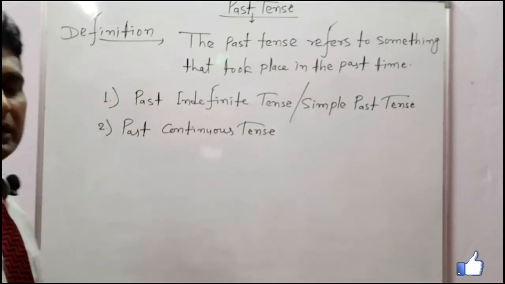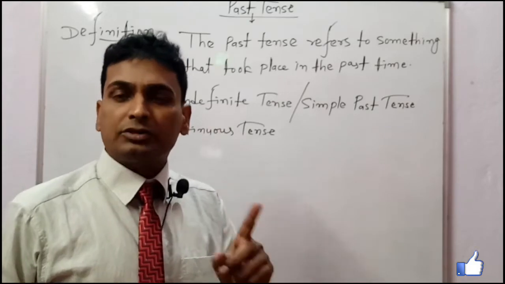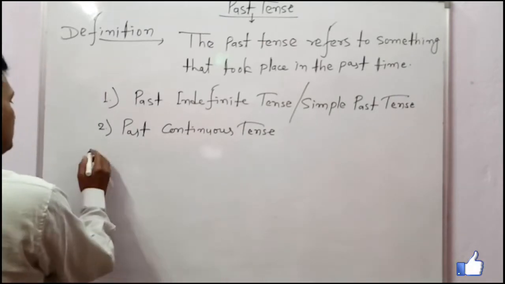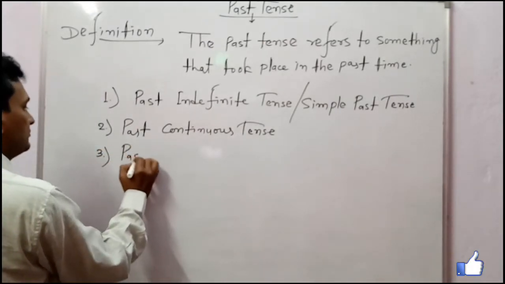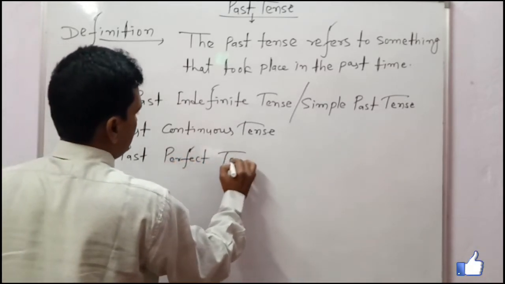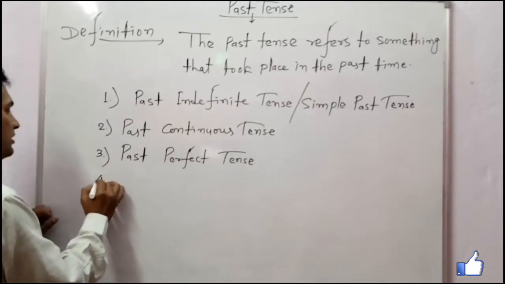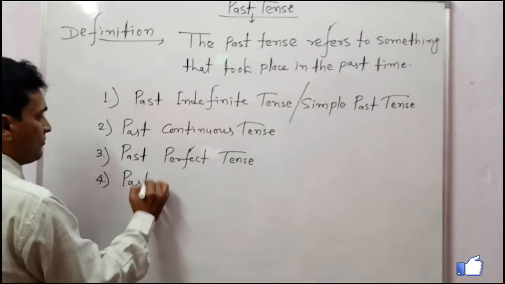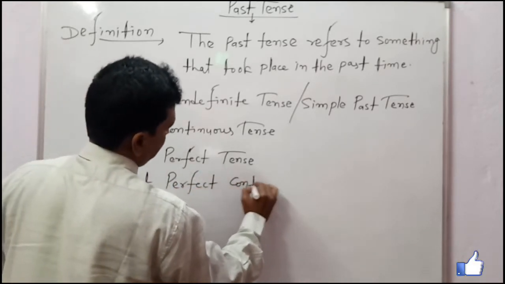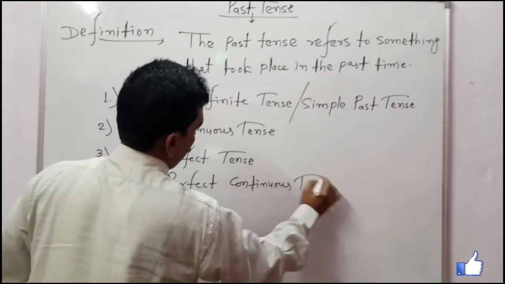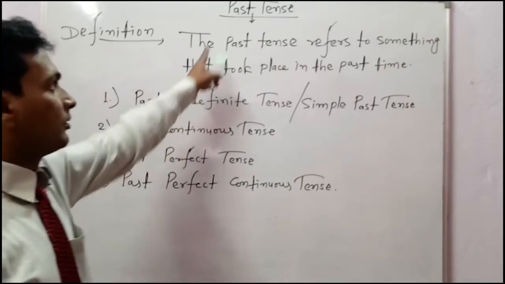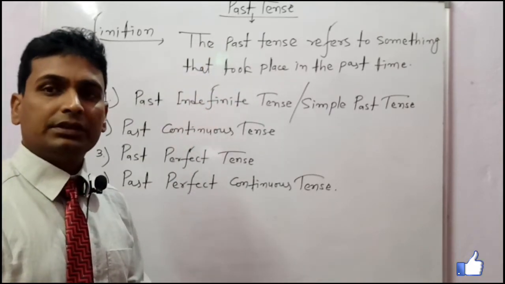And students, the second one has 2 more names, that is past progressive tense and past imperfect tense, right? The third one is past perfect tense, and the fourth one is past perfect continuous tense, right? So these are the 4 kinds of past tense that we have to study one by one.